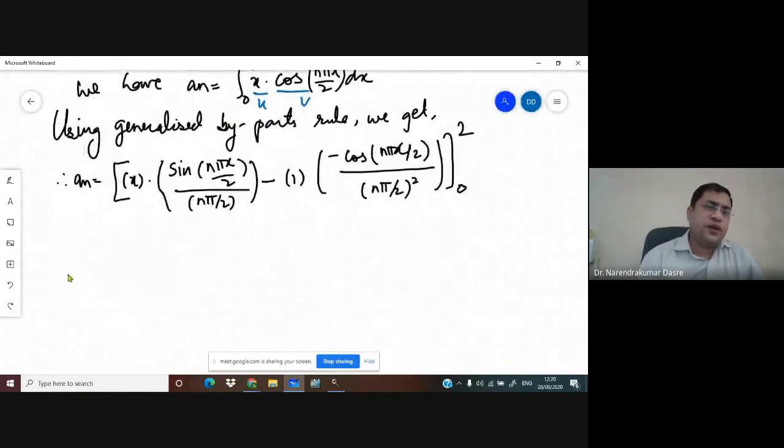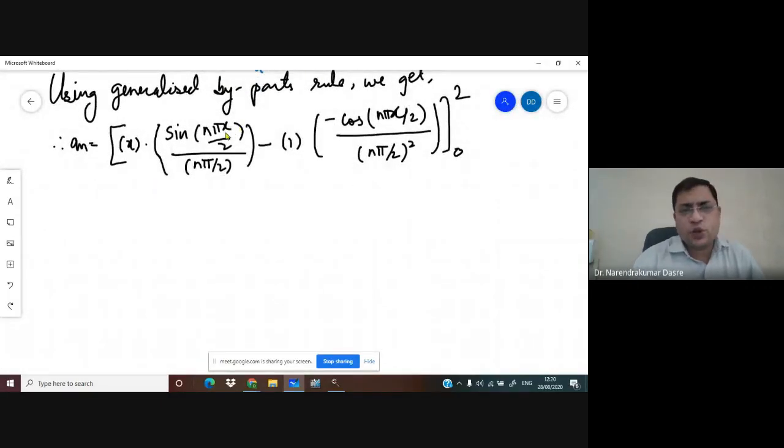Now let us apply the limit. If I apply 2, then I'll get sine of n pi. If I apply 0, then I'll get sine of 0.